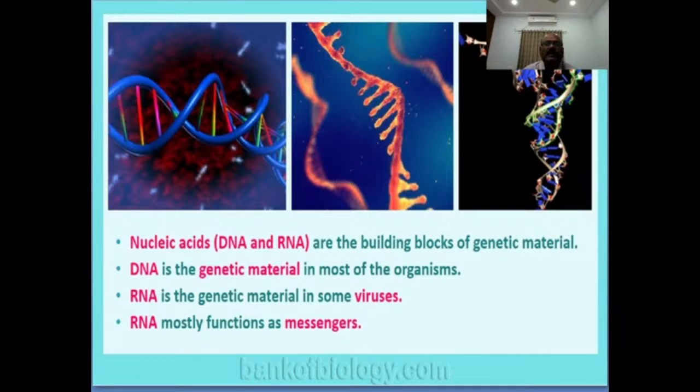DNA is the genetic material in most organisms. That means, except plant viruses, in the remaining organisms DNA is the genetic material. RNA is the genetic material in some viruses, generally plant viruses.